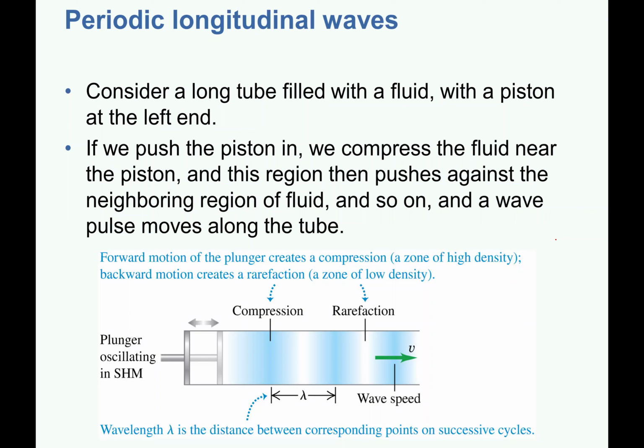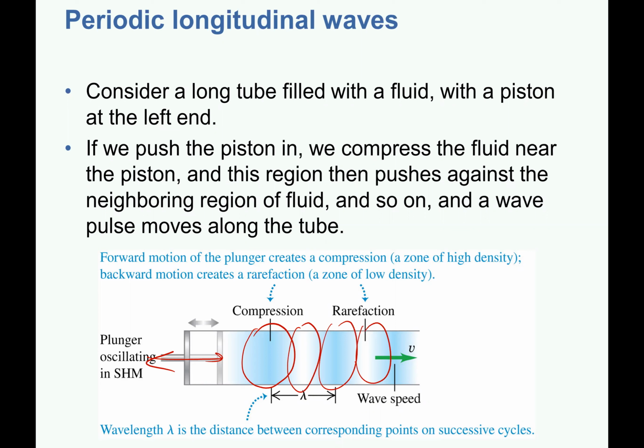Okay, so if we push the piston in, we compress the fluid near the piston, as I mentioned, in order to generate longitudinal waves. So think like this. We take the piston and we oscillate it back and forth. It creates a more dense region and then a less dense region, more dense, less dense.